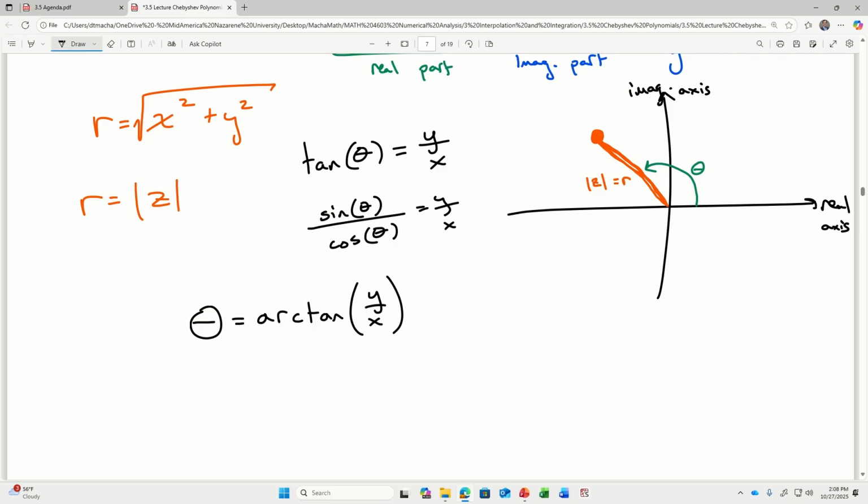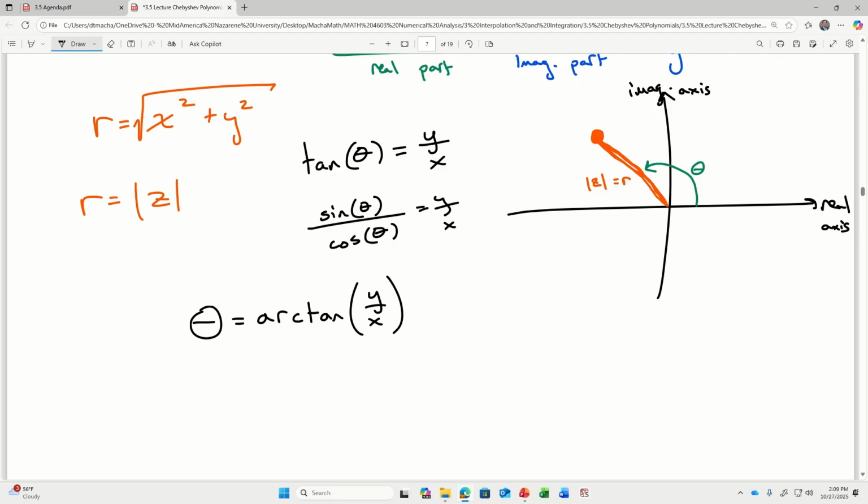The quadrant issue. The arctangent works as long as my complex number is in the first quadrant or the fourth quadrant. The arctangent works really well. But if I have a theta or a complex number that ends up in the third quadrant, then my real part is negative and my imaginary part is negative, right? So y is negative and x is negative.